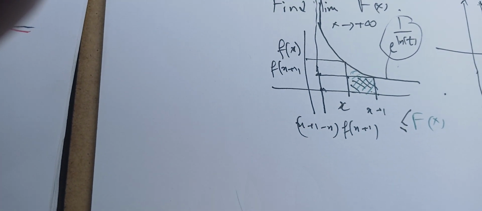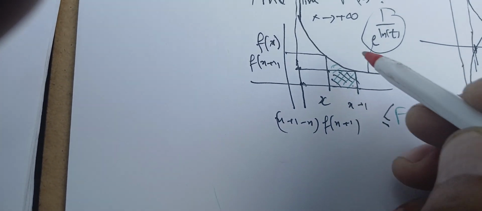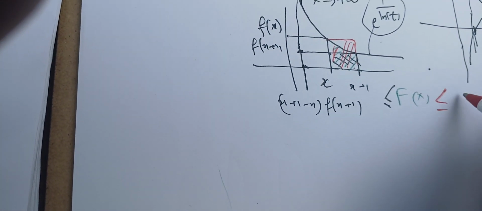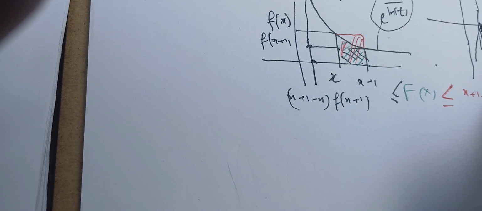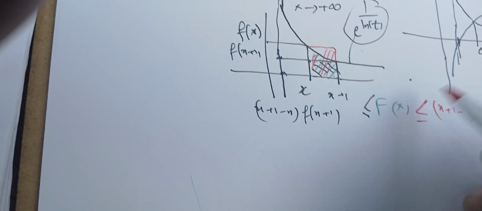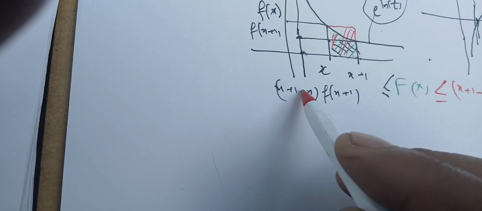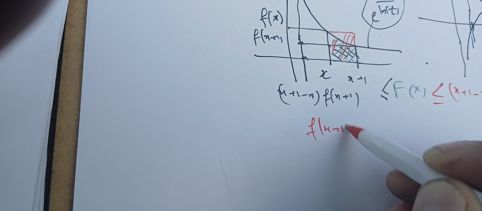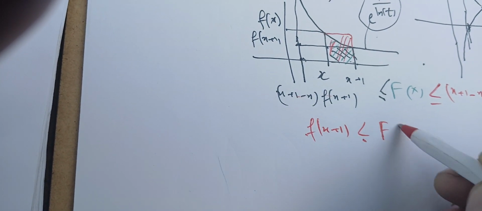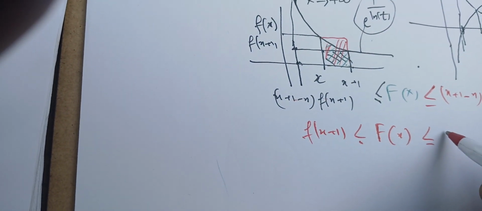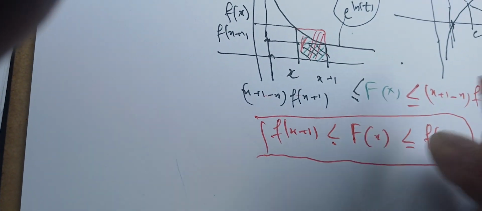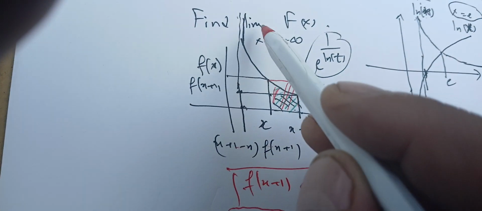And also big F of x is less than this integral in red, which has width x plus 1 minus x and height f of x. When I do the simplification, I get 1 times f of x plus 1. That means f of x plus 1 is less than big F of x, which is less than f of x. This is the formula that I need, and it's the one that's going to help me find the limit.